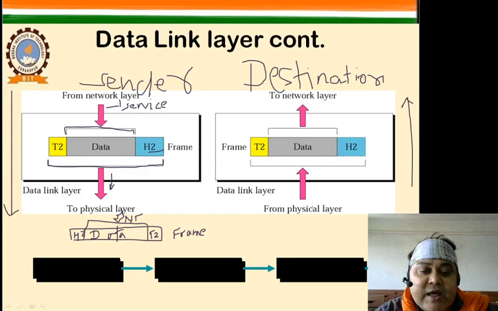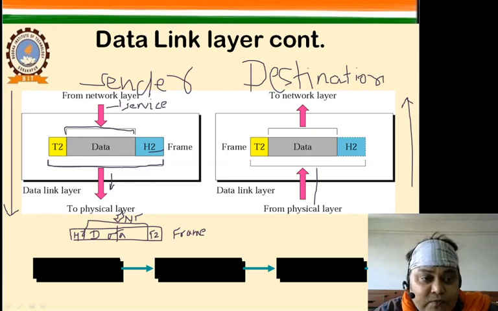Now see that the arrow of this direction has been reversed. This arrow is now saying this physical layer is providing the service to the destination data link layer.